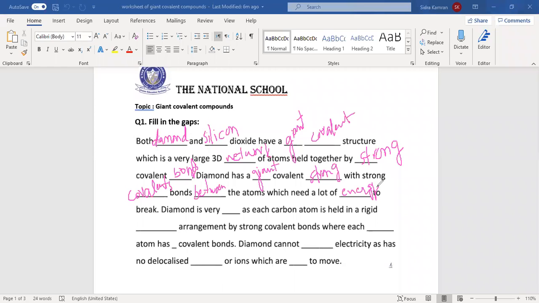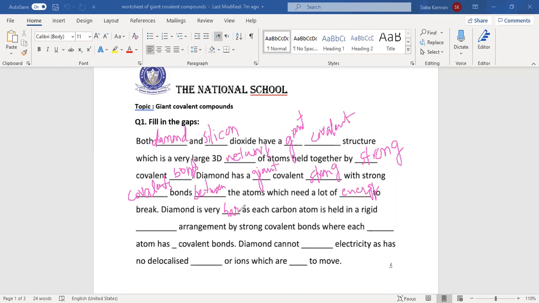Diamond is very dash, as each carbon atom is held in a rigid dash arrangement. It's very hard.